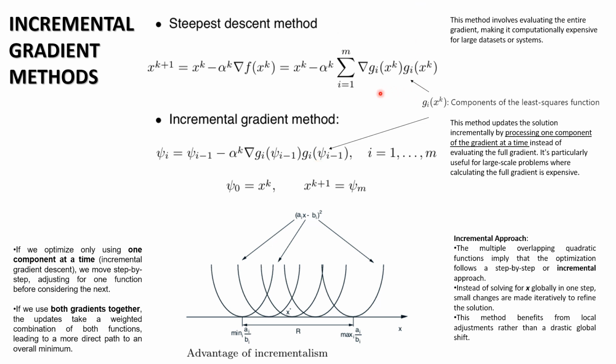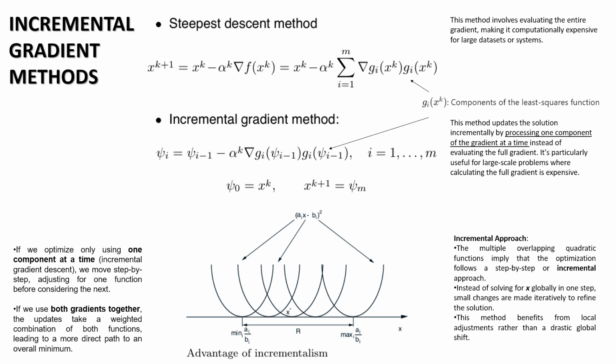Here, the method sequentially refines the estimate x_i by using one gradient component at a time, leading to an efficient incremental approach. Here in the drawing, you can see the advantage of incrementalism, and the plot demonstrates how incremental methods work. Each curve represents a subproblem or component, where the goal is to minimize the sum of these quadratic terms.